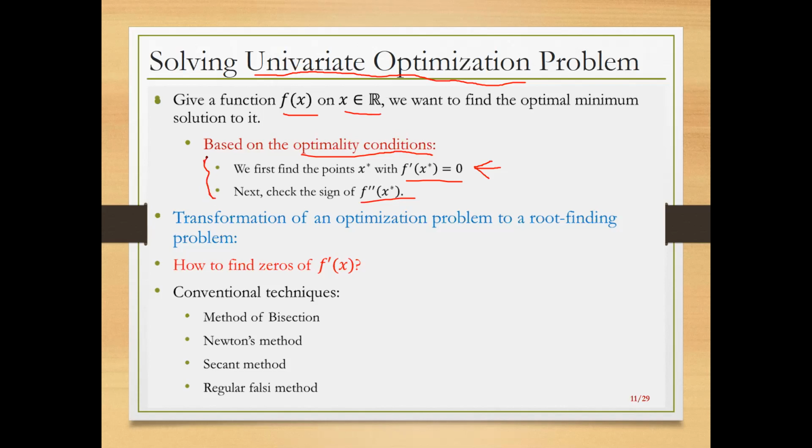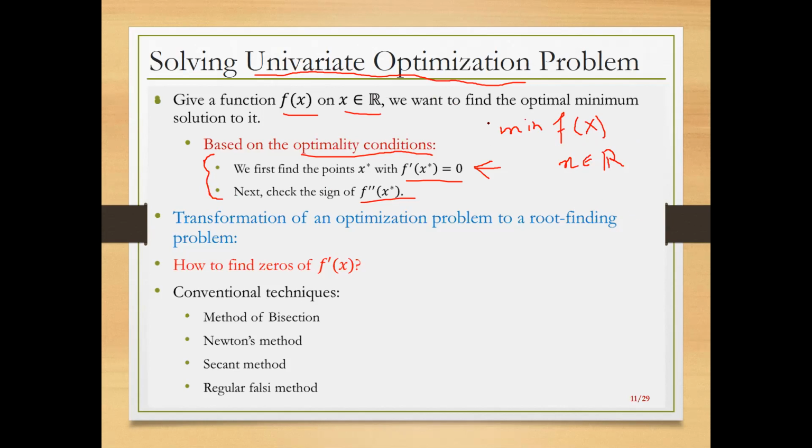Now we can actually translate this into an optimization problem. What we have over here is: minimize f of X. This is the optimization problem, the objective function, okay? And here X belongs to R, which means it can take any real value.